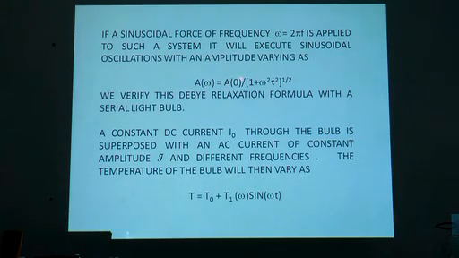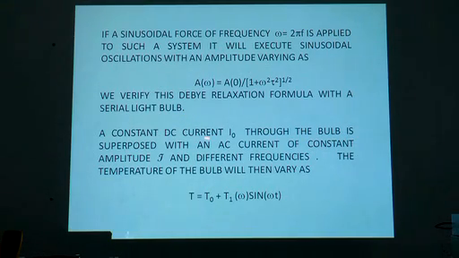It is the amplitude at 0 frequency divided by (1 + omega squared tau squared) to the power half. So as the frequency increases, the amplitude will come down. This is called the Debye relaxation formula, and we verify this formula with a serial light bulb.